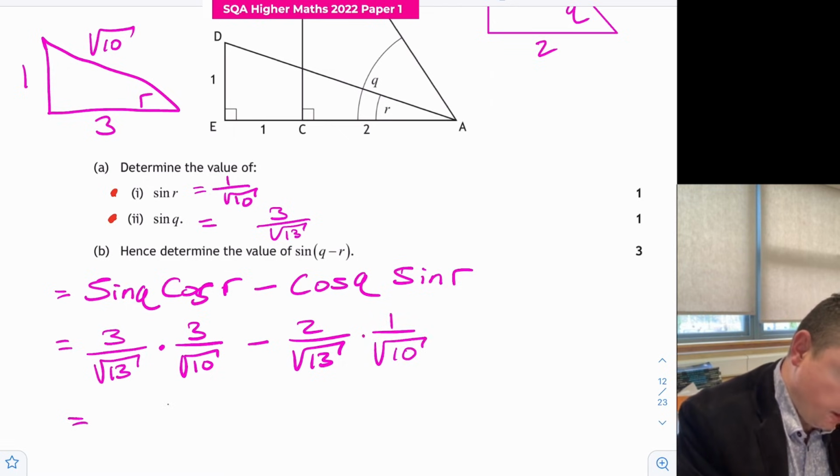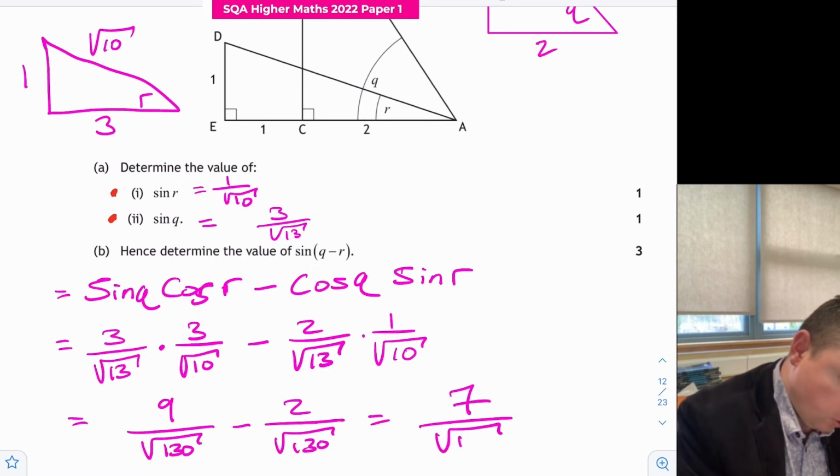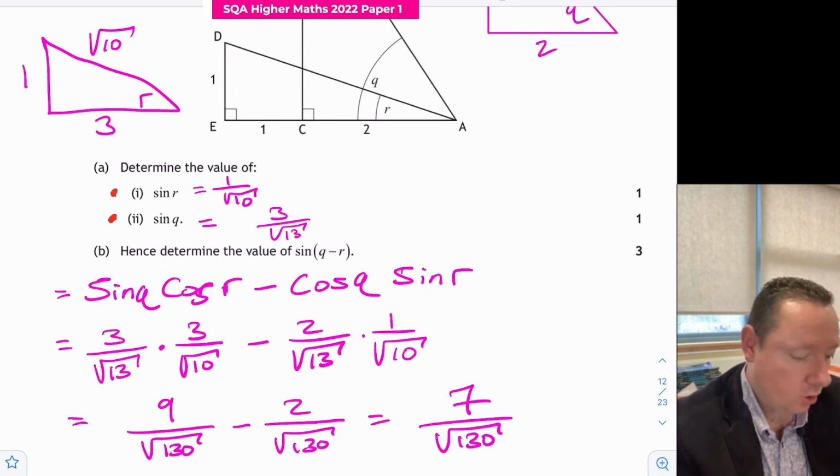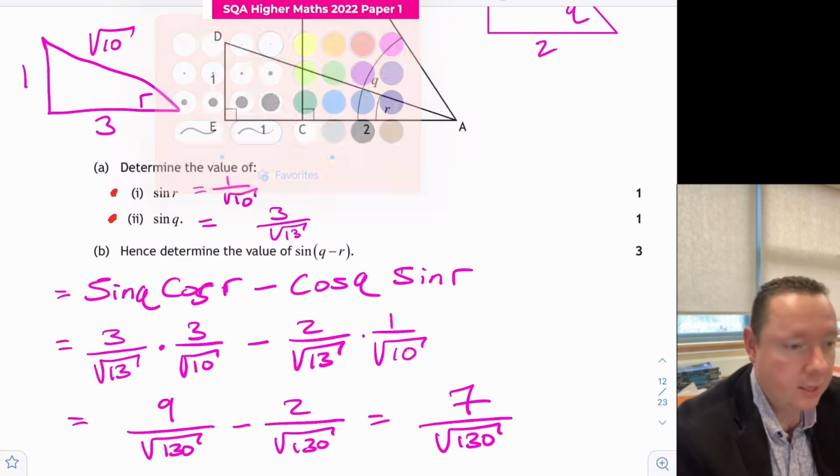Multiplying the tops, we get 9 over root 130 minus 2 over root 130, which is obviously 7 over square root of 130. Always double check if you can simplify that at the end, but you can't, and you don't have to rationalise the denominator for the marks because we're not examining that.